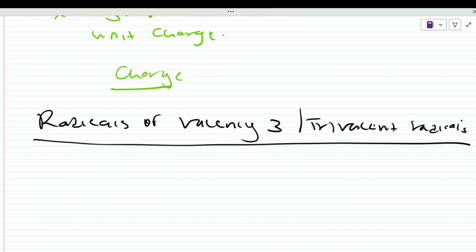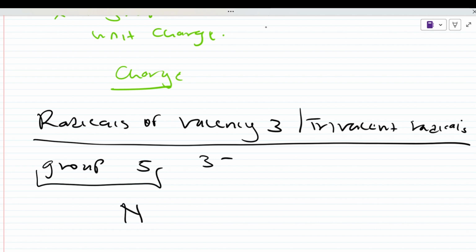They're very simple. It involves all elements in group 5 of the periodic table. They're trivalent because they have a charge of 3 minus. For example, here we have nitrogen, which most of the time forms 3 minus, known as nitride.